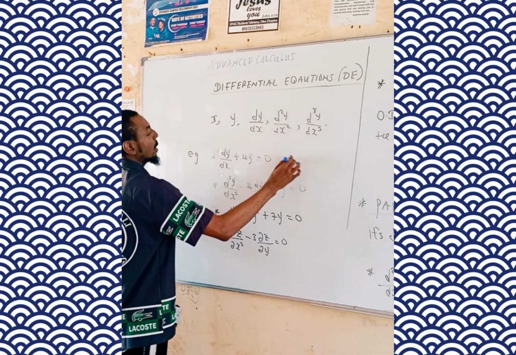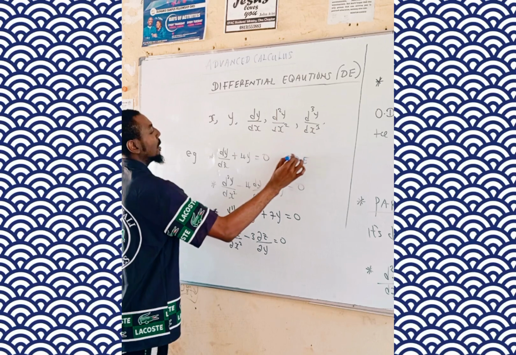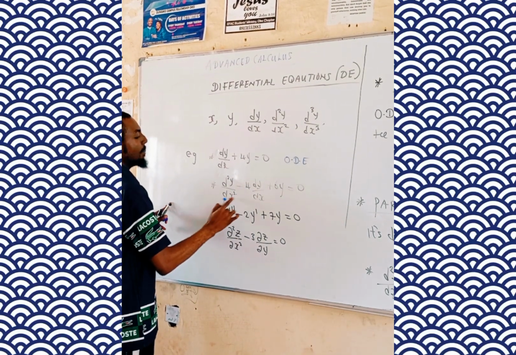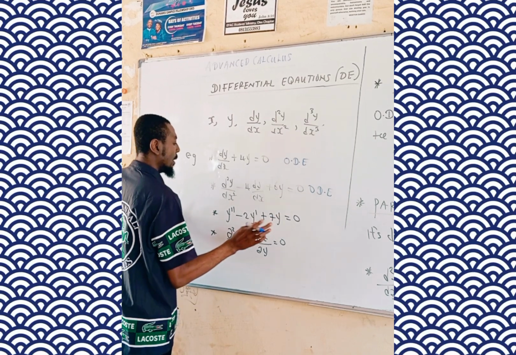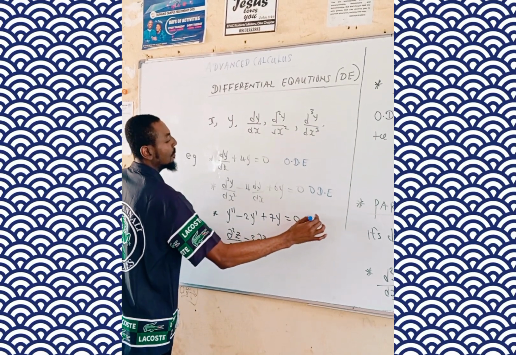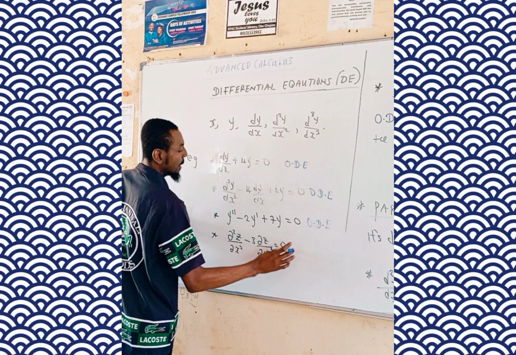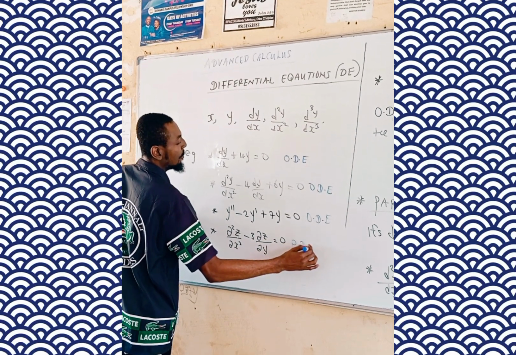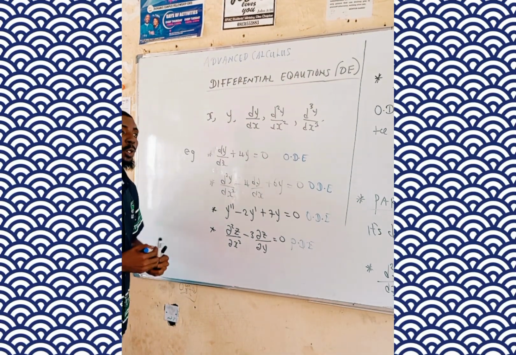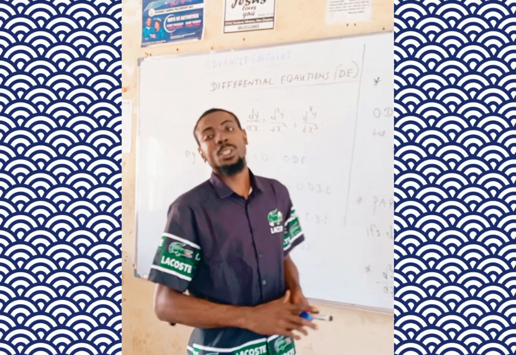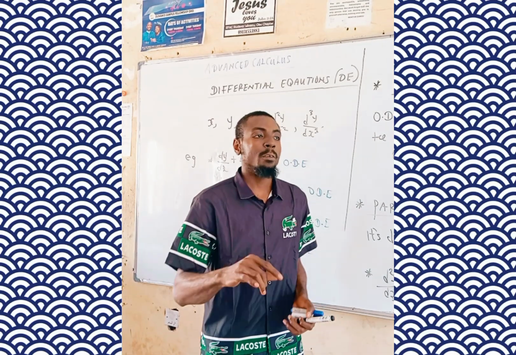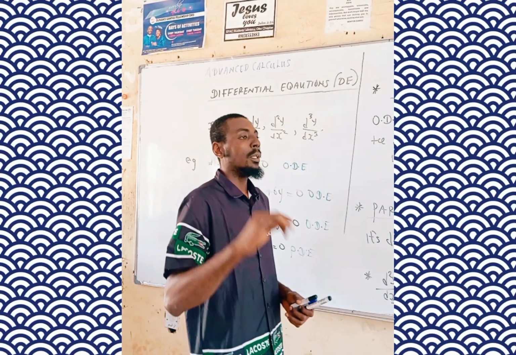This one here is an ordinary differential equation because we have only x as the independent variable. This is also an ordinary differential equation, and this is also an ordinary differential equation, but in this case it is a partial differential equation. But in this section we're going to focus on ordinary differential equations.